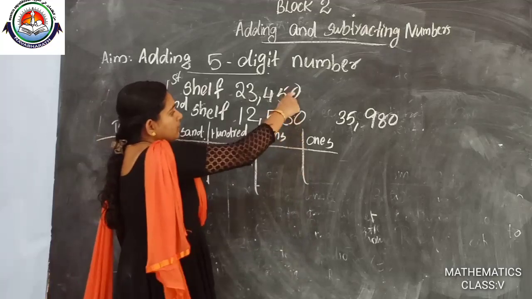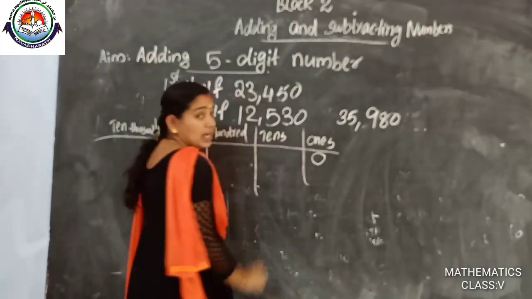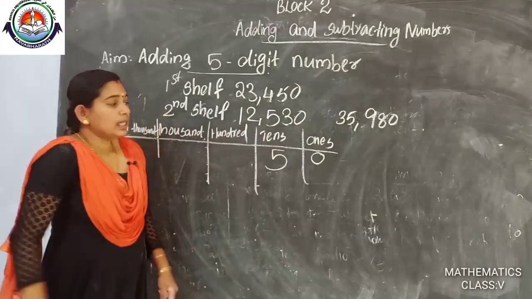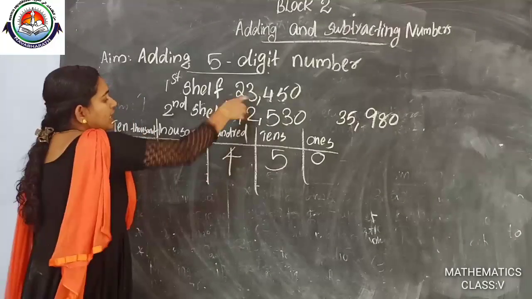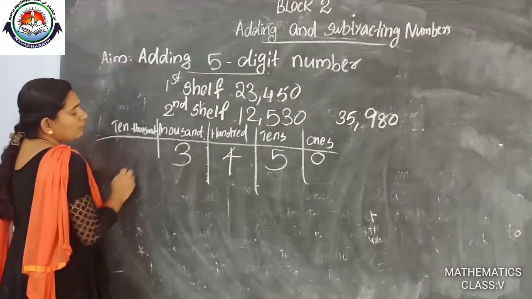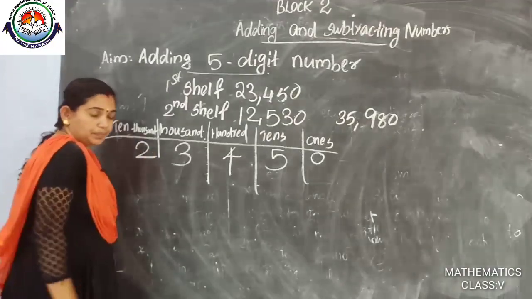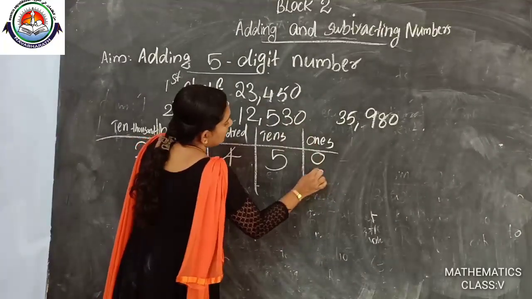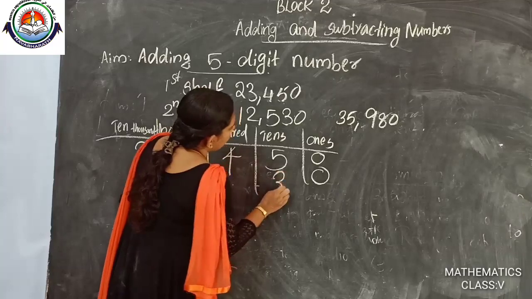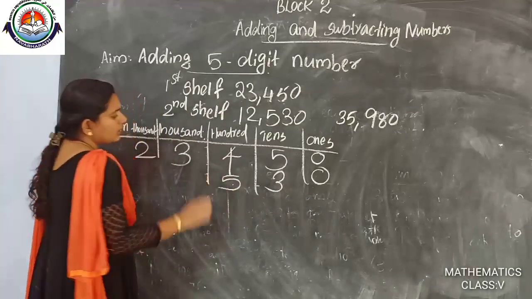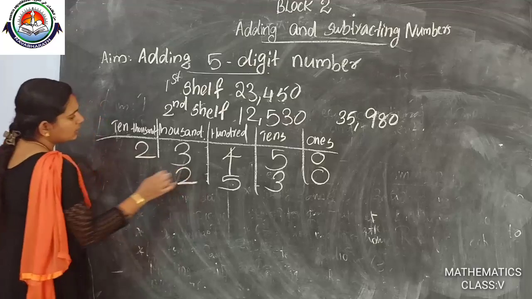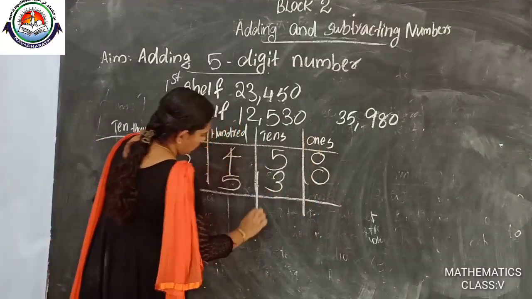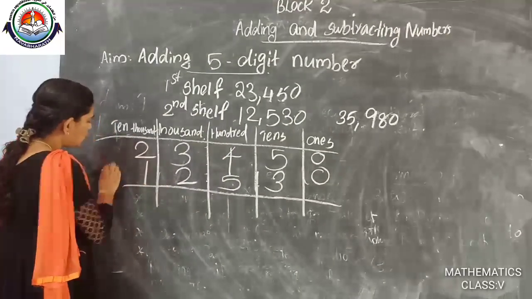First number: 0 in the ones place, 5 in the tens place, 4 in the hundreds place, 3 in the thousands place, 2 in the ten-thousands place. Then the second number we are arranging below: 0 in the ones place, 3 in the tens place, 5 in the hundreds place, 2 in the thousands place, 1 in the ten-thousands place. We are adding these two numbers.